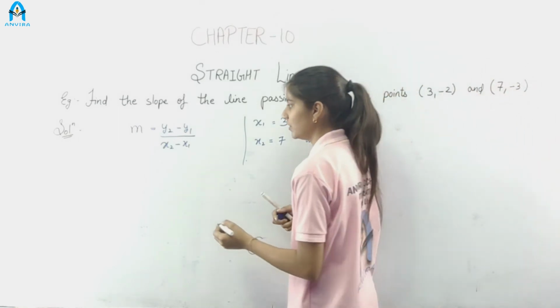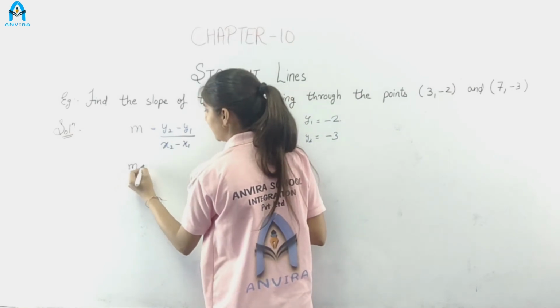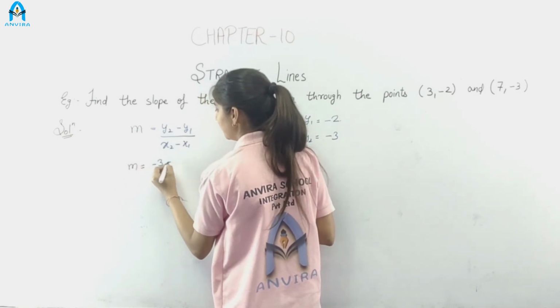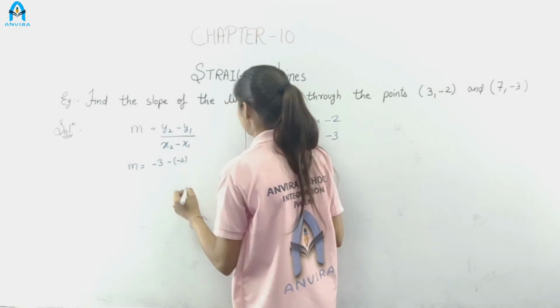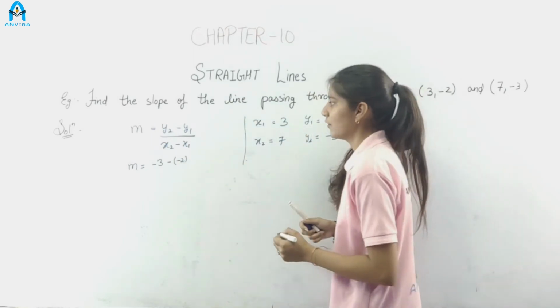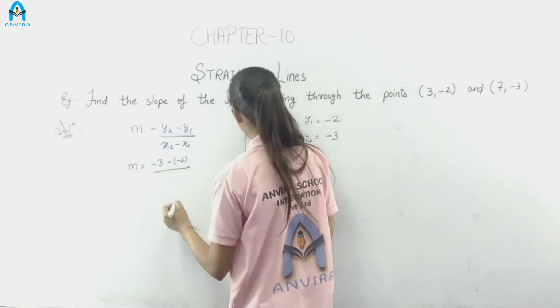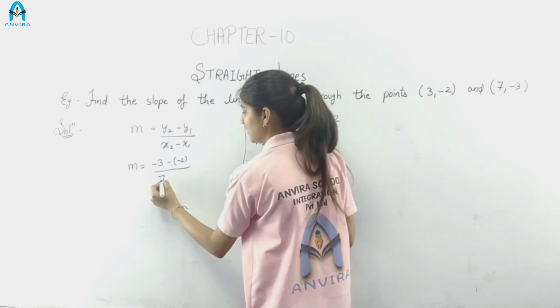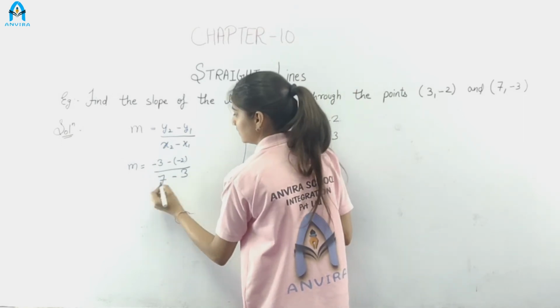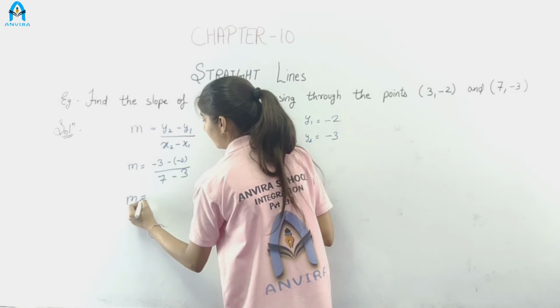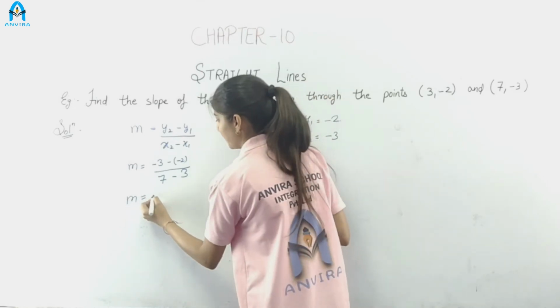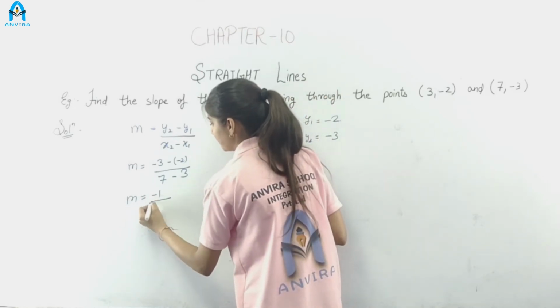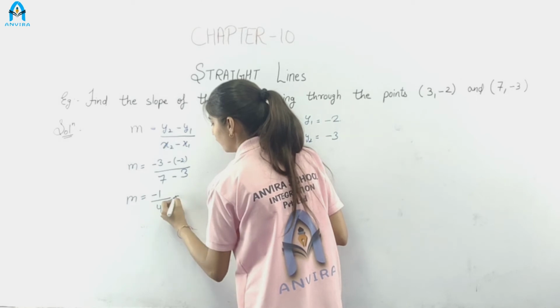So what do we get? m is given by minus 3 minus of minus 2, that is y2 minus y1, upon 7 minus 3, that is x2 minus x1. So we get minus 1 by 4.